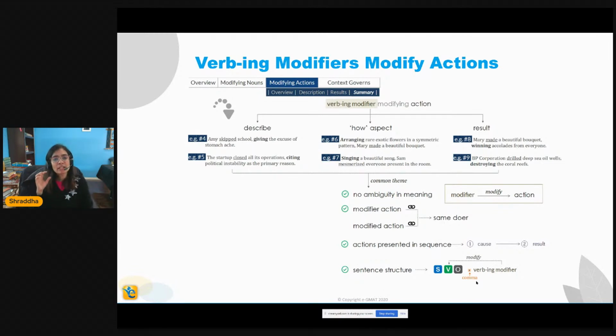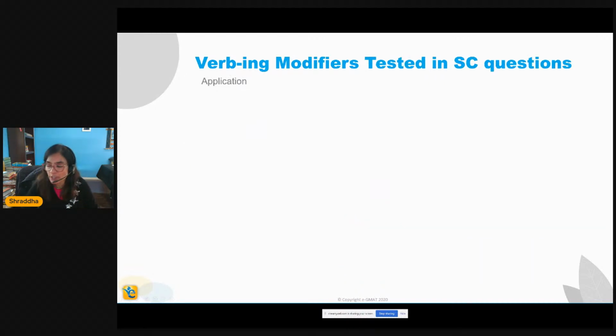This is a very specific trait of presenting the result through the comma plus verb-ing modifier. With the rest of them, you can place them before the clause or after the clause. But when you are using the comma plus verb-ing modifier to present the result, it must always appear after the modified clause.